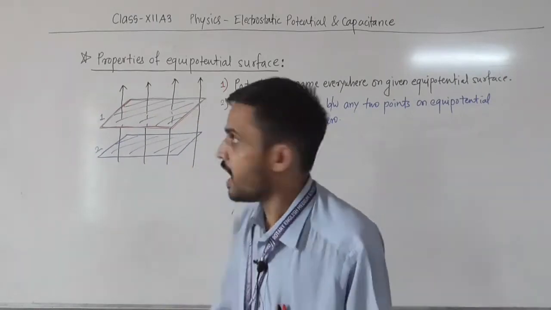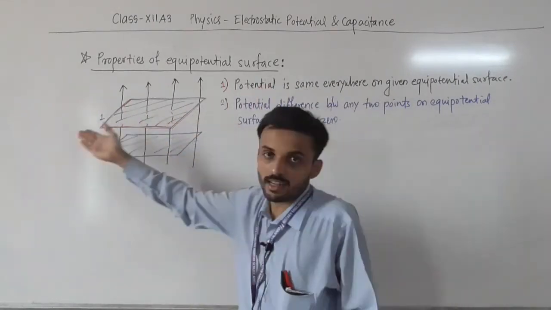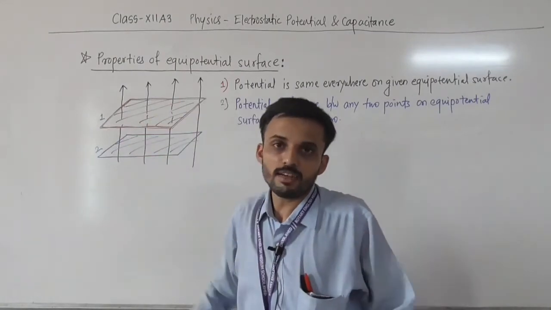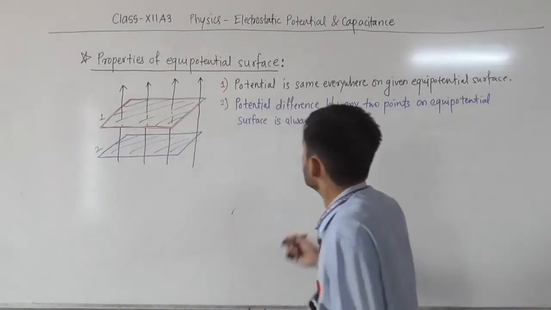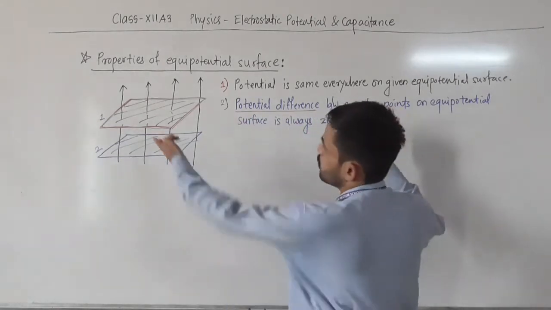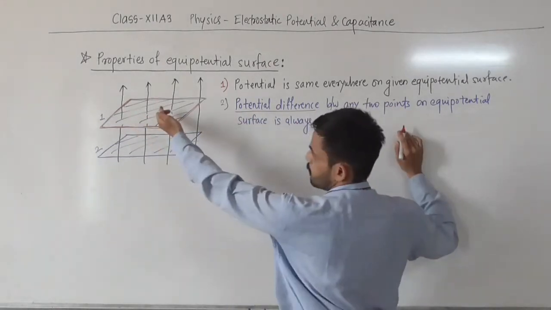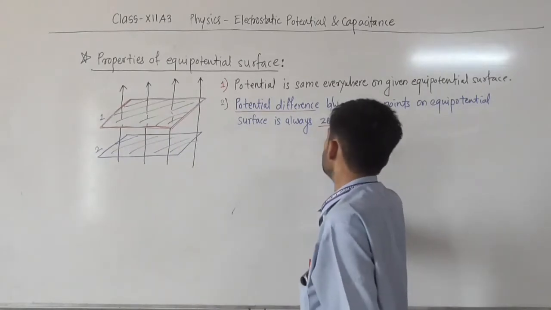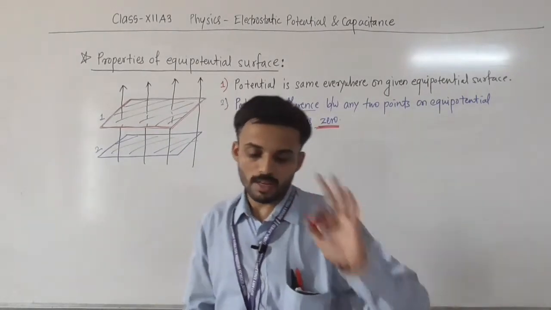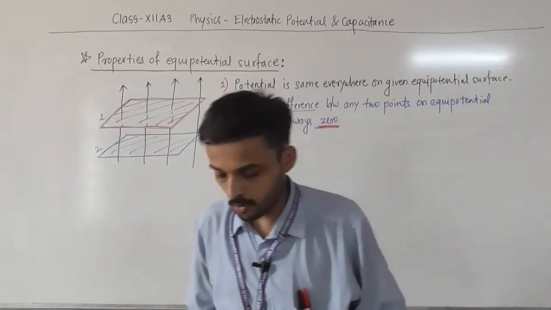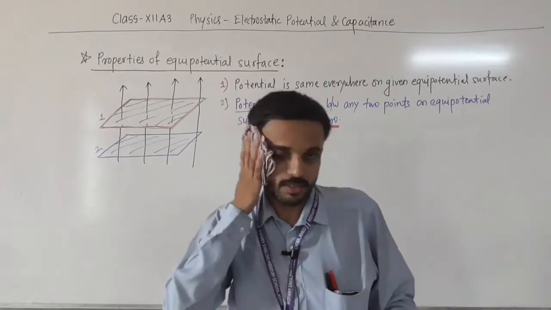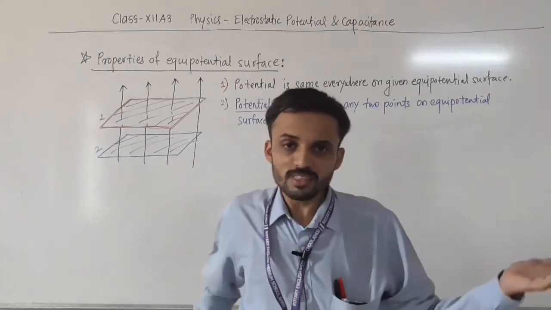If this potential is same everywhere, at point A, at point B, C, D, whatever it is, then of course potential difference between any two points on given equipotential surface is always 0. You are not going to get any value of potential difference. There is no potential difference because of course potential is same everywhere.